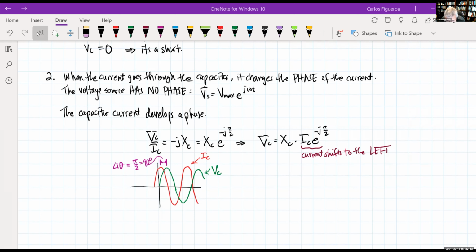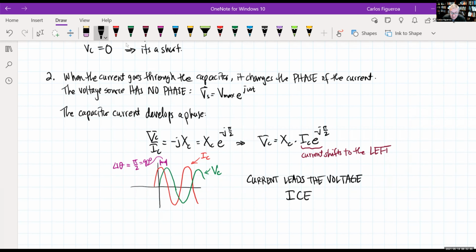Because of this, we say here that the current leads the voltage in this case. And so they call it ICE. And again, E is the voltage.